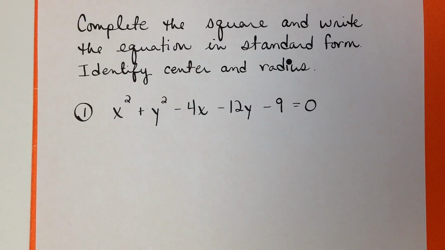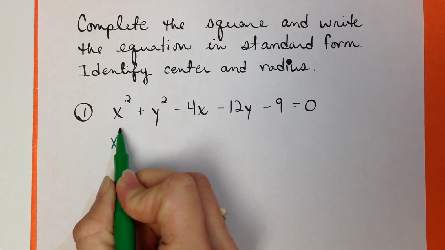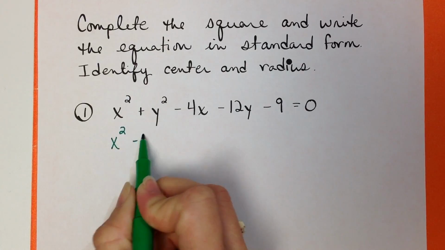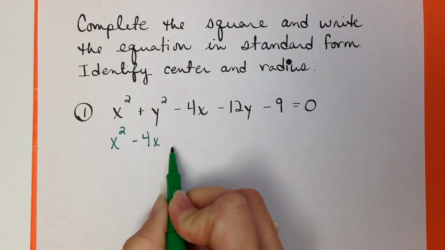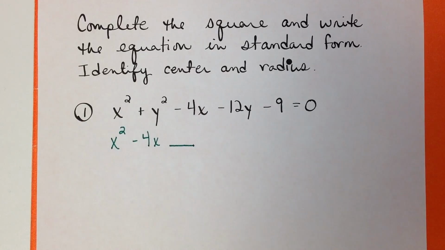First thing we've got to do is rearrange our equation just a little bit. First of all, you need your x's first. So I'm going to have my x squared and then my minus 4x. Now I'm going to leave a space there.